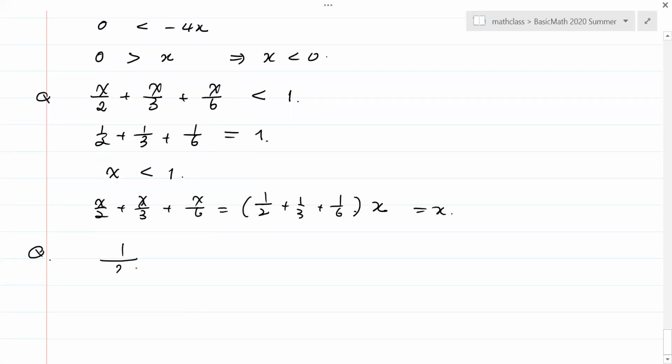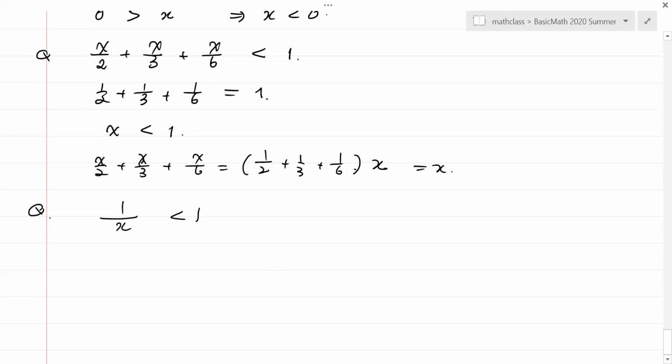Now, this is pretty strange. Let's discuss this. How do we solve this inequality? Can you give me the answer by guessing? Try. This is a brand new inequality. It's not a linear inequality.